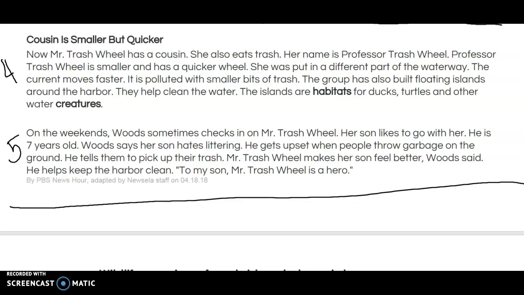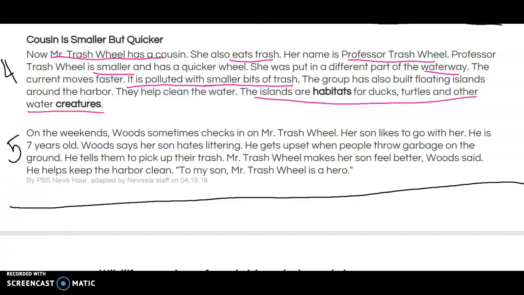So let's go through and underline our facts. So Mr. Trash Wheel has a cousin. She also eats trash. Her name's Professor Trash Wheel. And it's smaller because it collects smaller bits of trash. And the waterway where she is is polluted. Also, we see some bolded words, so we're going to underline that sentence.